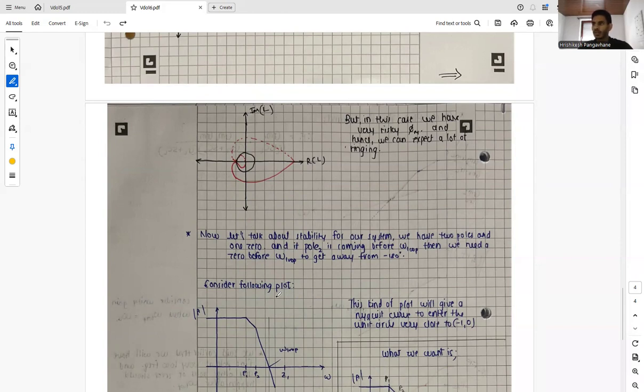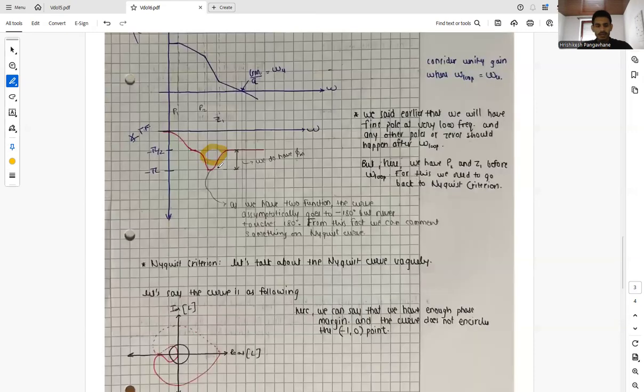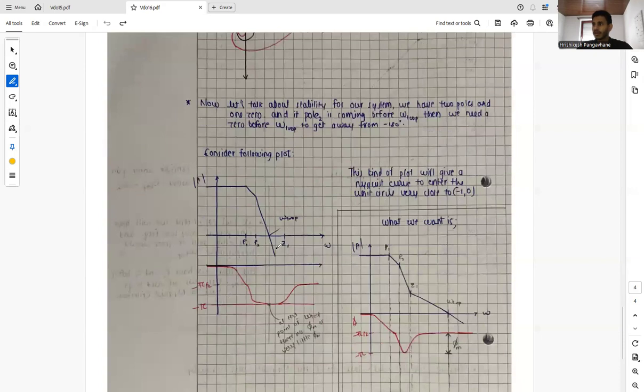So let's talk about stability for our system. We have two poles and one zero before omega loop. And if pole 2 is coming before omega loop, then we need a zero before omega loop to get away from minus 180 degrees, which we saw in our phase plot. So let's consider the following plot.